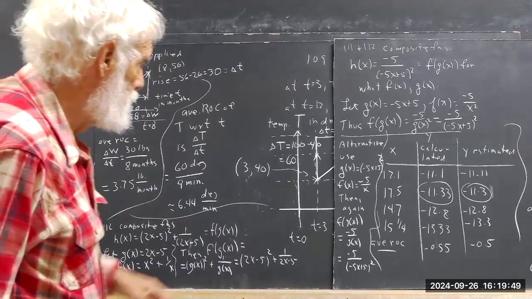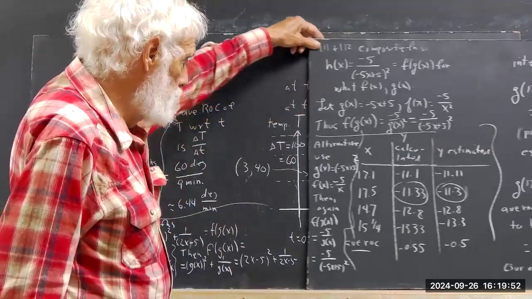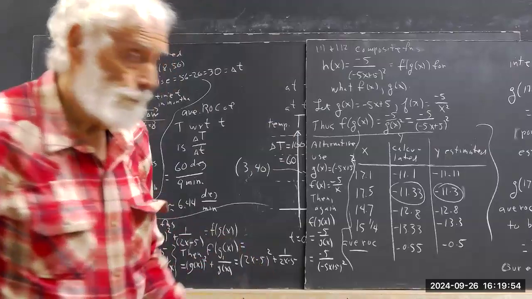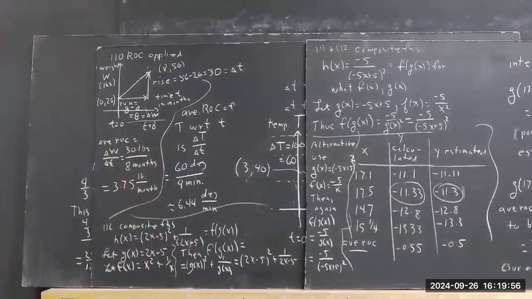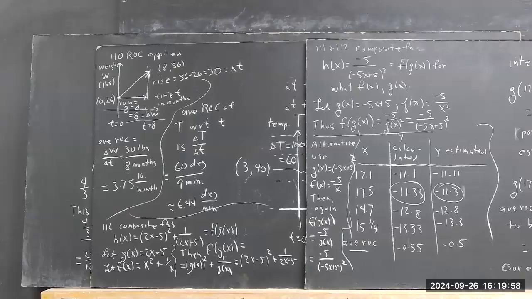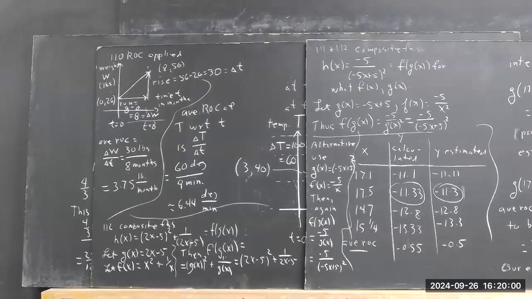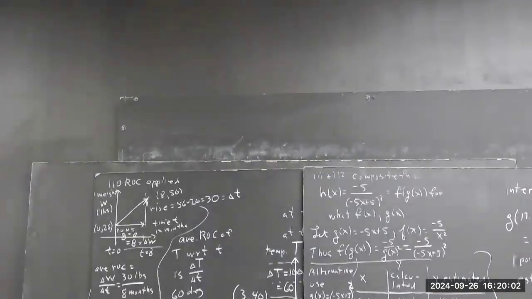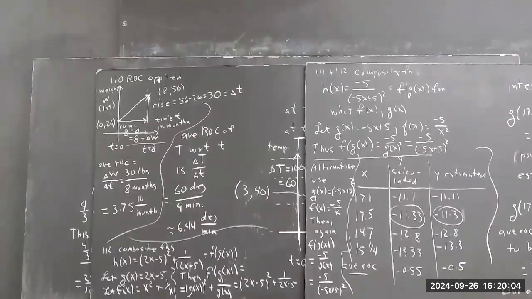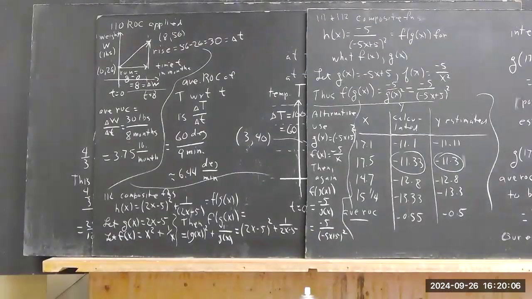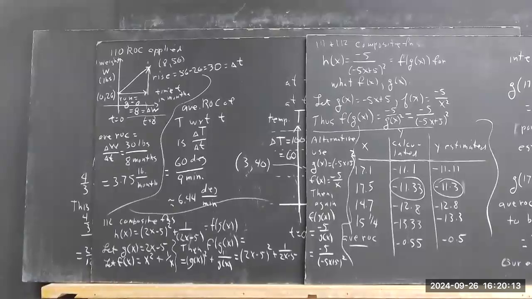Now, just to see these things a little more clearly, I'm going to zoom the camera in a little bit. So if you are having any trouble seeing it, hopefully you'll be able to see it now. Let's just, oh, that was the wrong way. Okay, so let's see now. We're going to zoom in. Let's go up just a little bit. Come on, well, that's too much.